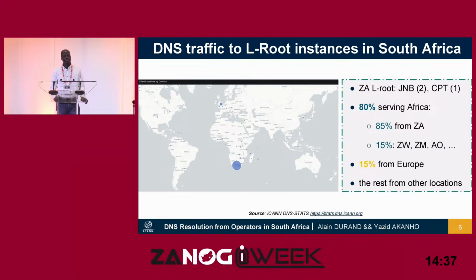Now, when it comes to the queries that go to the 3 instances deployed in South Africa, 80% is actually related to traffic coming from Africa. And out of this 80%, 85% is local DNS queries from South Africa, which is around, let's say, 70% of this total.